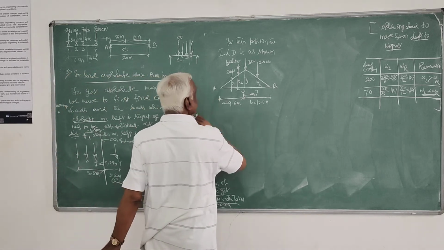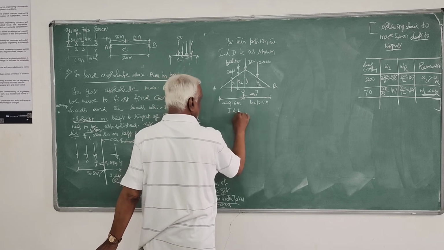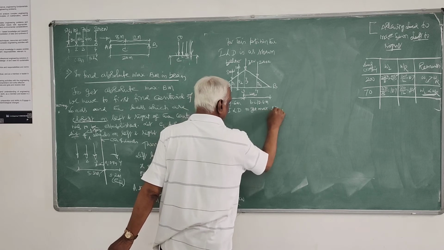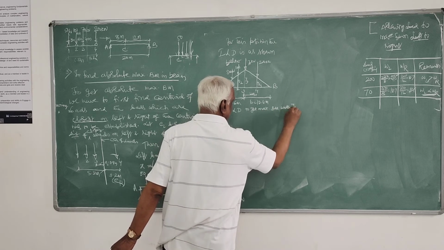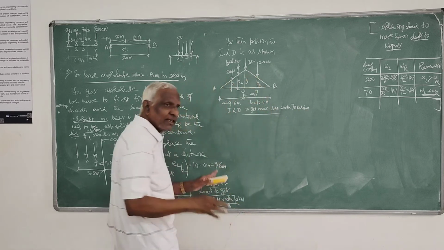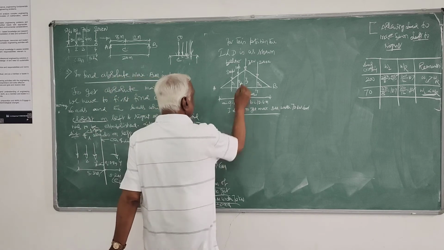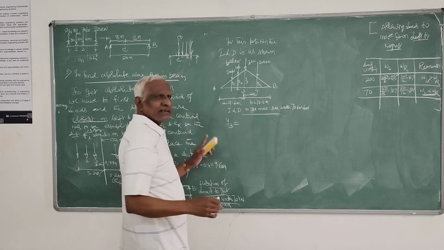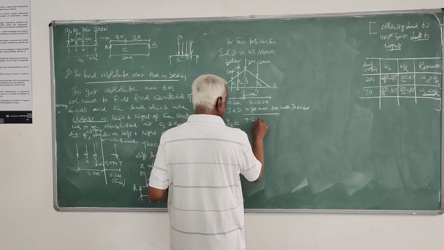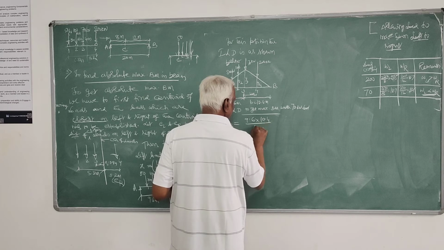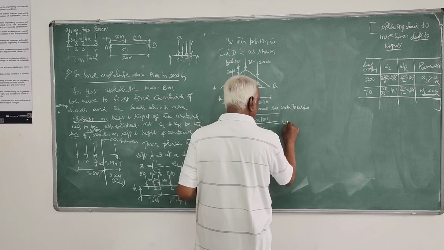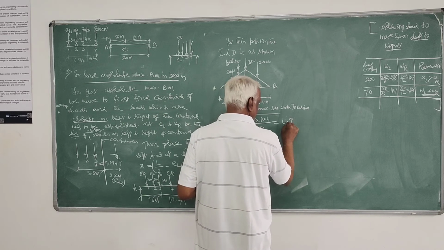So this is that ILD to get the maximum bending moment under the 70 kilonewton load, under a given load. So this Y3 will be AB by L, that is the influence line diagram formula, that is 9.6 into 10.4 divided by 20, which is 4.9.